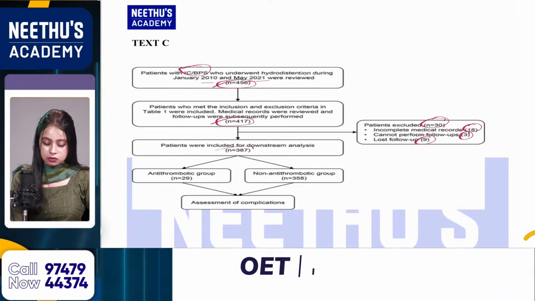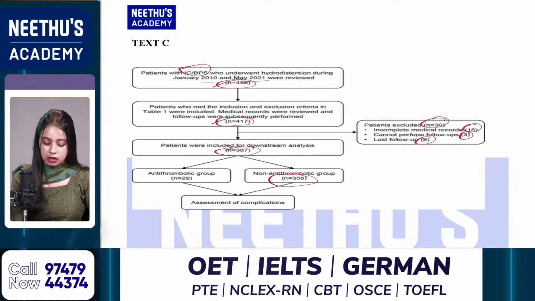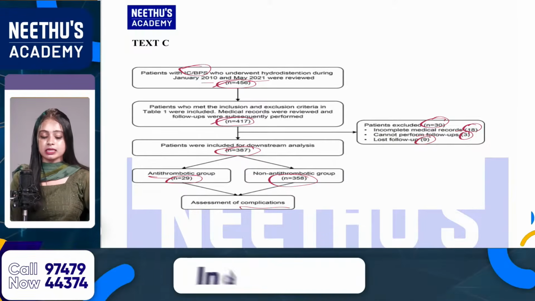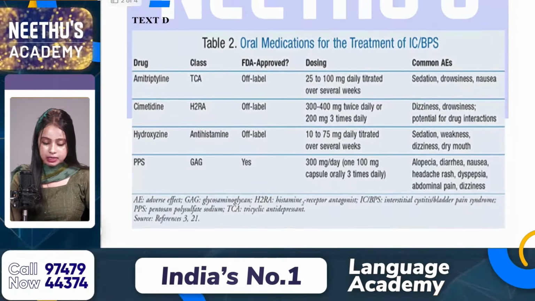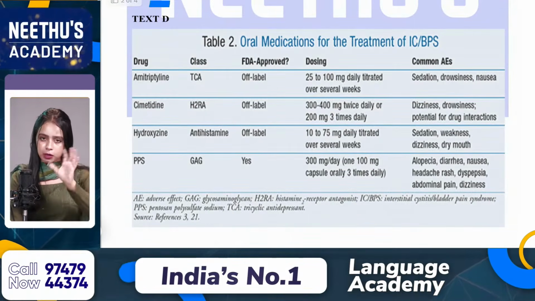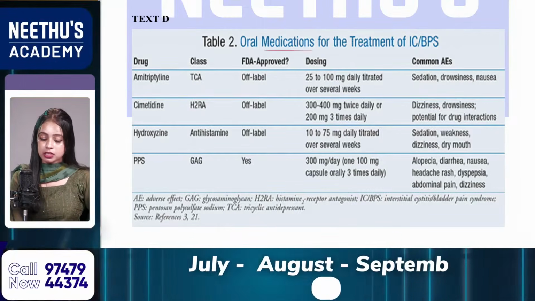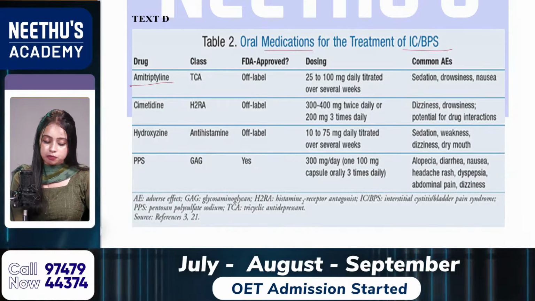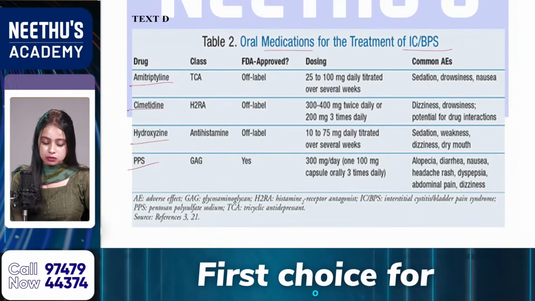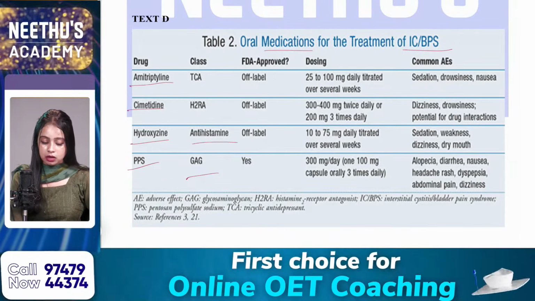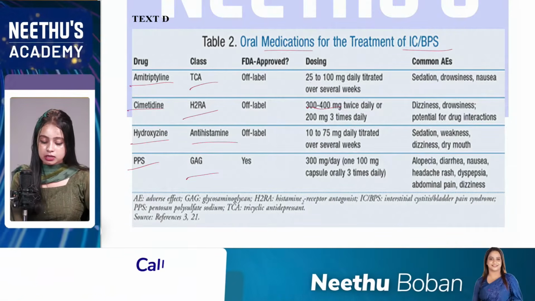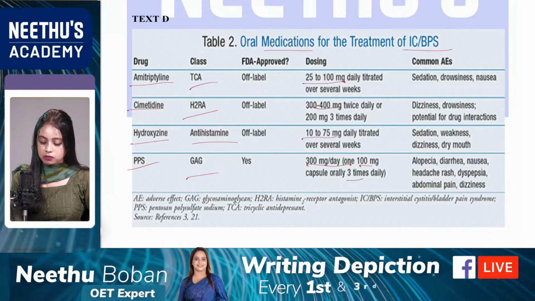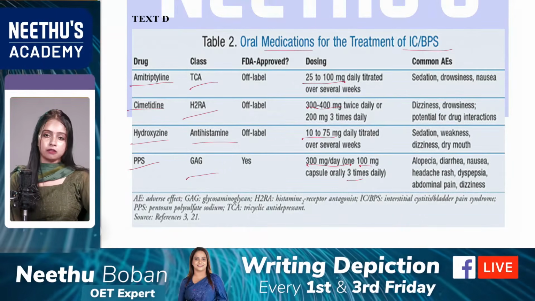So these are my keywords from text C. And text D is a table which contains oral medications for the treatment of IC or BPS. Again, a lot of medicines and abbreviations are mentioned here. All the numbers I'm marking. So these are my keywords.